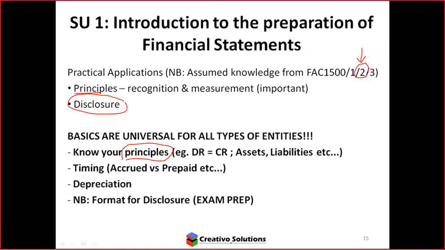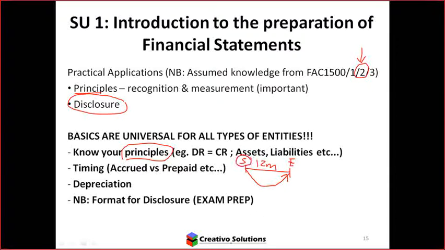Yeah. Okay, so if I'm looking at a question, how do I know what the time is? By checking the dates of it. Exactly. You need to know what the financial year is. And how long is the financial year? 12 months. Exactly. So very important is start and end. If I know where we started and I know where we end, will I be able to prepare the books for the financial year? Yes.